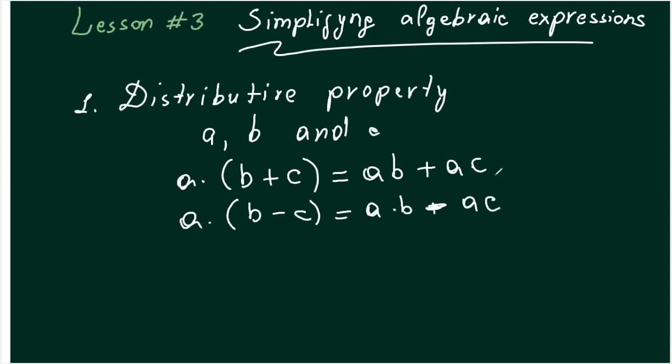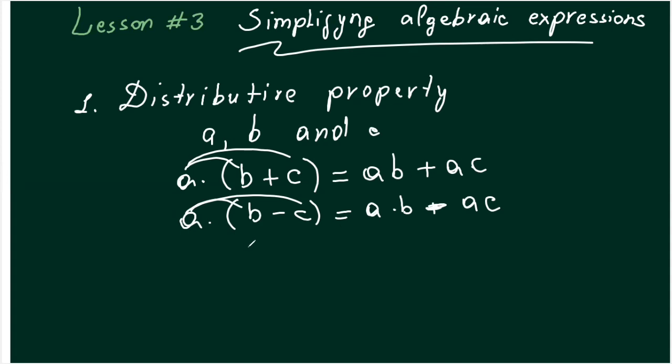So basically, the name comes from distribution. As you can see, we distribute a to each term inside the bracket, to the terms b and c, like this. It's common to use arrows to show that you are distributing the outside term to the terms inside of the bracket. Let's look at some examples.